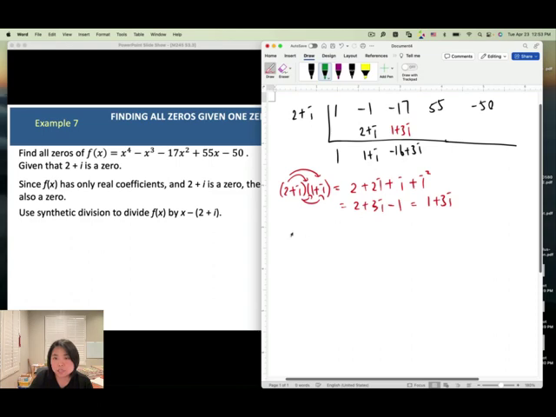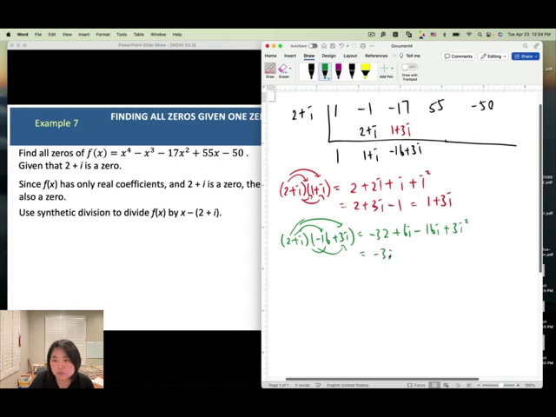Okay, now, second one. We're going to do 2 plus i times -16 plus 3i. Distribute one by one again. So you have -32 plus 6i minus 16i plus 3i squared.